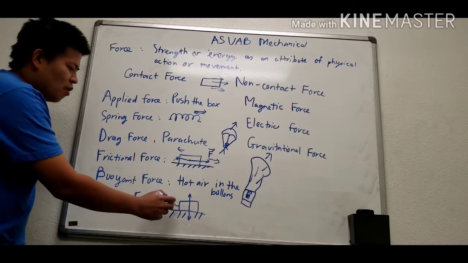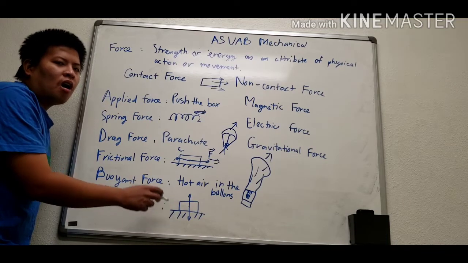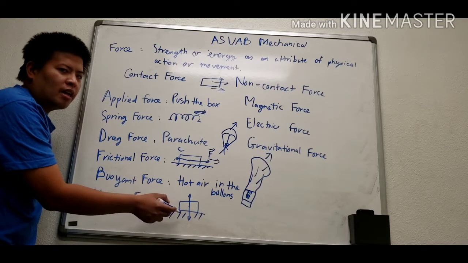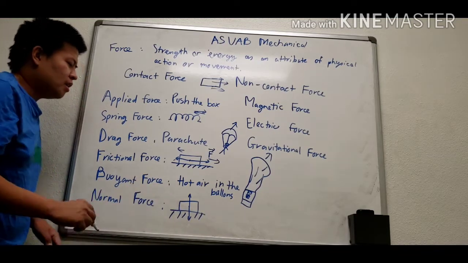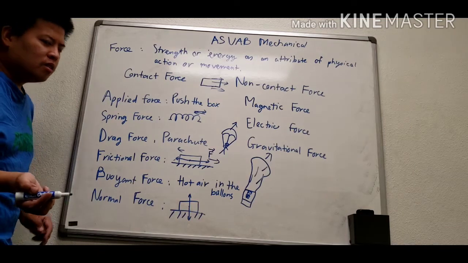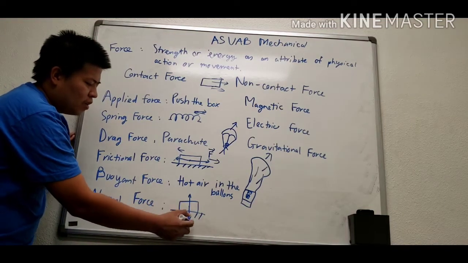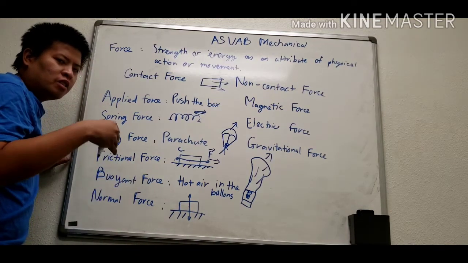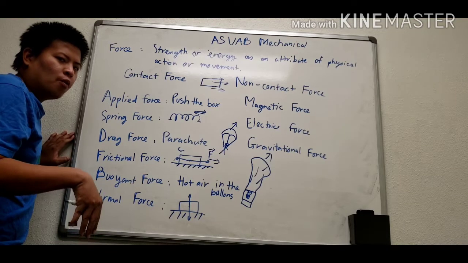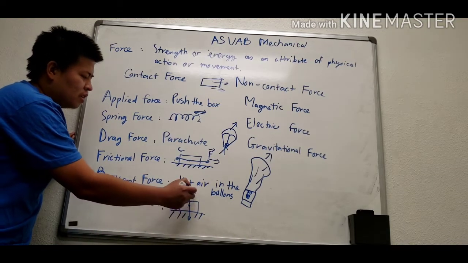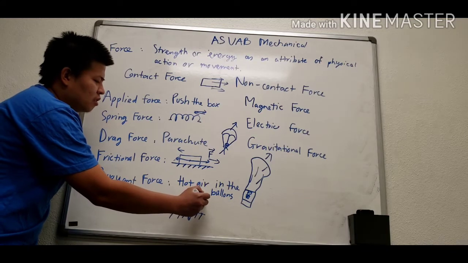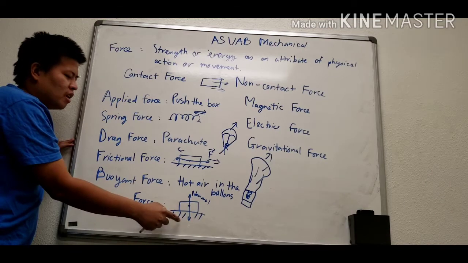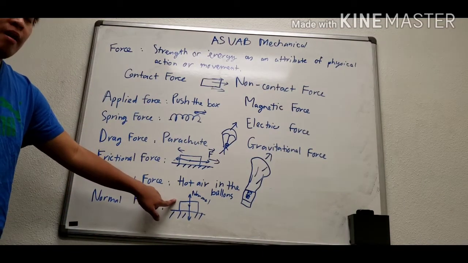Normal force means we put the object on the table or on the ground, and it just stays there. It doesn't move, but it still applies gravity force, and here gravity is going down. However, we have the table that keeps the object from sinking into the ground, so we have the normal force. It is a contact force with the table. So this equals the normal force.